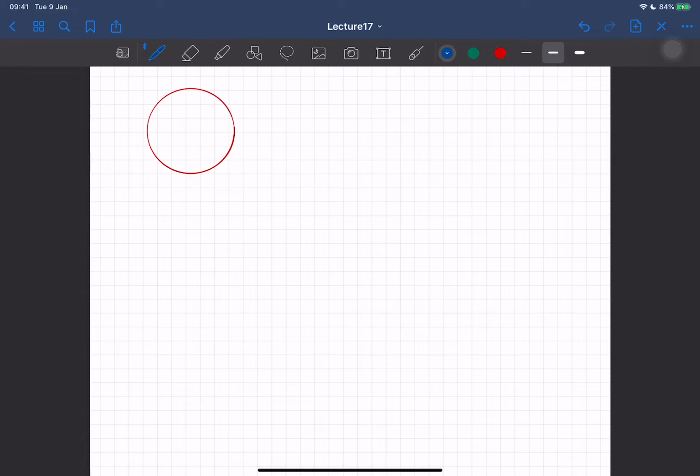The electric field of plus Q at this point points this way, which is perpendicular to the surface, because this is a sphere. So the total electric flux is the electric field dot with the area.